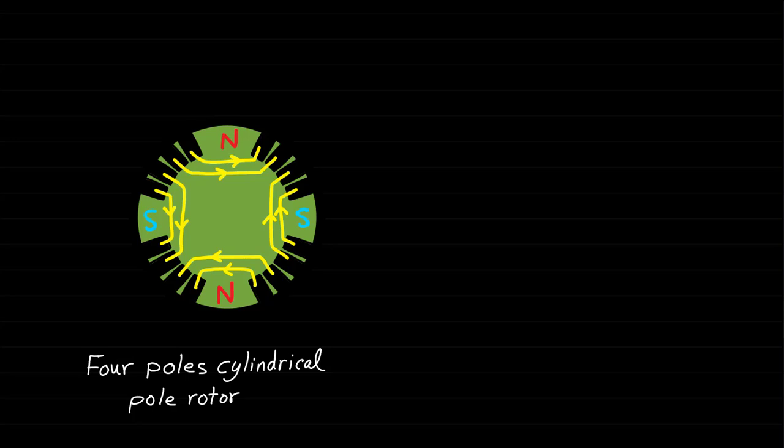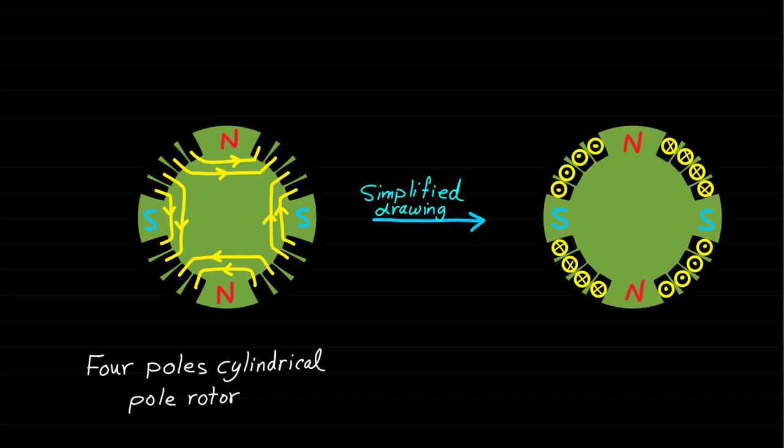As we can see, the rotor has 4 poles, 2 north poles and 2 south poles. Each pole has 2 coils connected in series, and all coils of the 4 poles are connected in series. This figure shows the simplified form of the 4-pole cylindrical pole rotor.